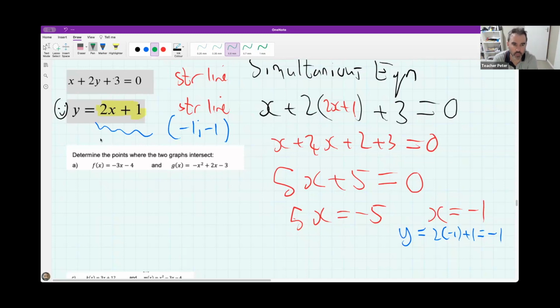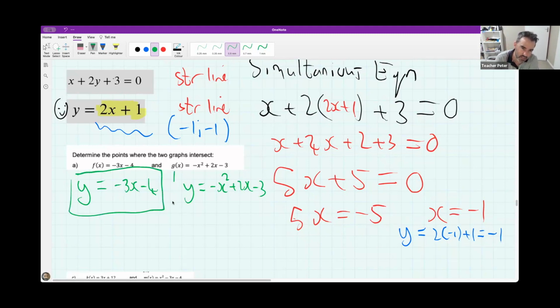Now, I want you to find me the intersection points between these two functions. The only thing I'm going to do to help you is I'm going to rewrite this in conventional notation so that maybe it's easier to understand the connection. So I want you to find me the intersection point or points.